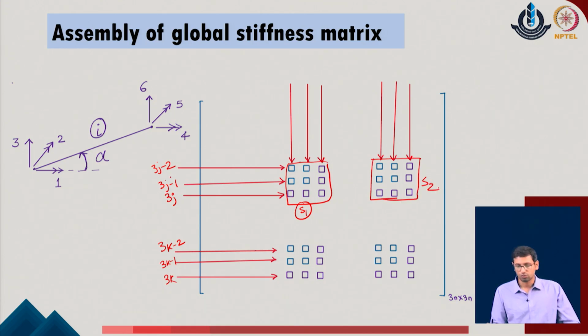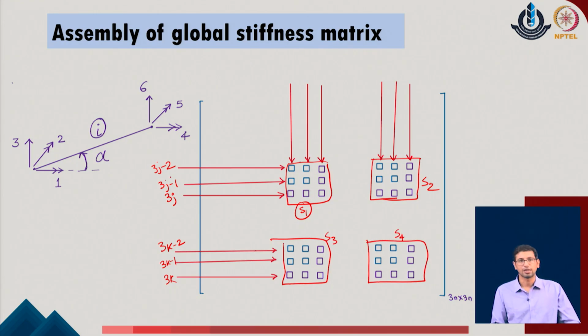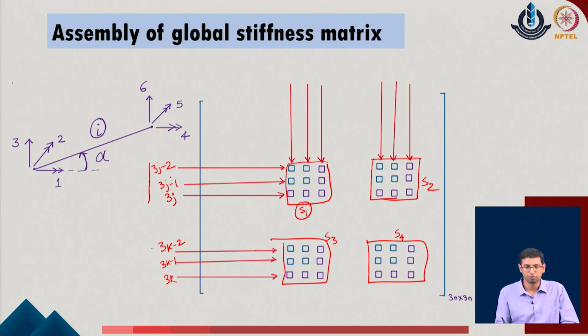Similarly, this will be the S2, this will be the S3 and this will be the S4 component of the given system. The idea is that the overall stiffness matrix which has been evaluated for the individual members in the global coordinates can be placed into 4 places in the global assembly, and that will be defined by the individual rows and columns in the order of 3j minus 2, 3j minus 1, 3j, 3k minus 2, 3k minus 1 and 3k in the given system.